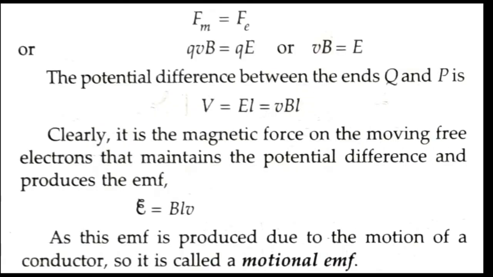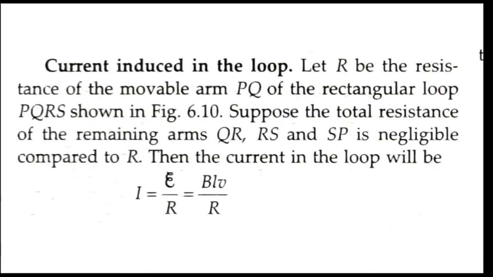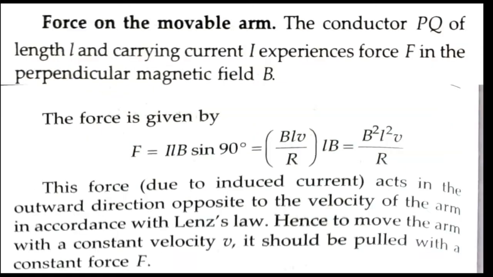In that case, the motional EMF is BLV, therefore the current induced in the loop will be I equal to epsilon by R, that is BLV by R. Now PQ is a current carrying conductor kept in a magnetic field, so this is a point to be noted.